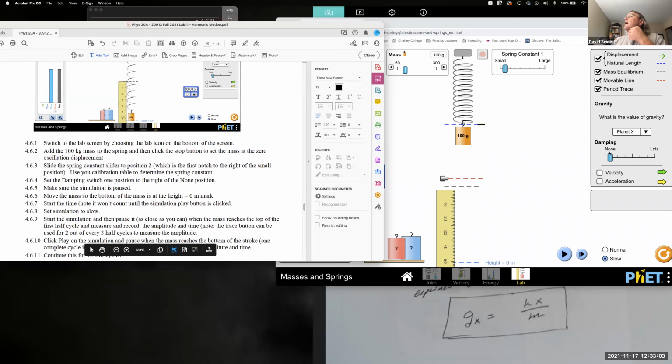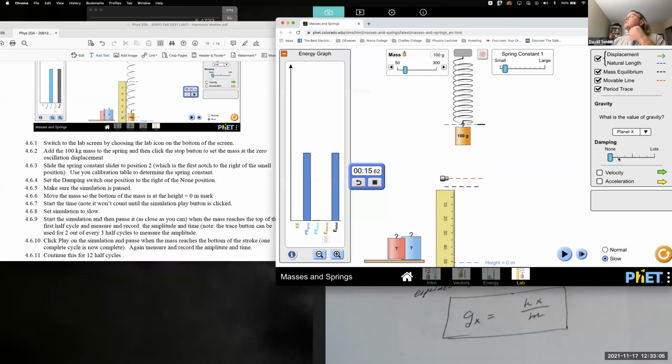We're going to set our damping 1 position to the right. Now, there's a half a position and there's 1 position. So right now I'm going to just put it this full 1 position.